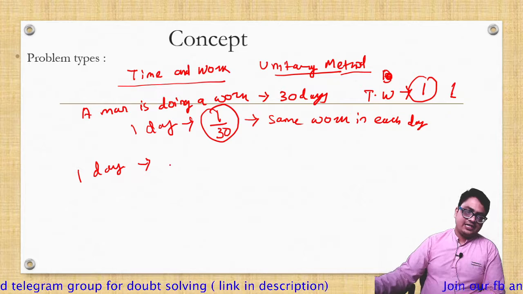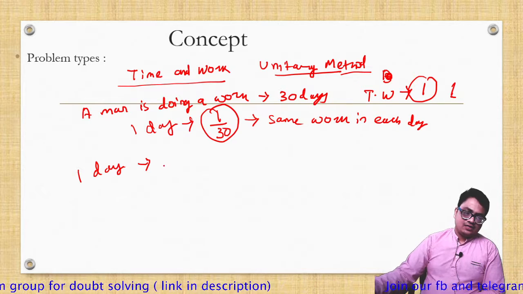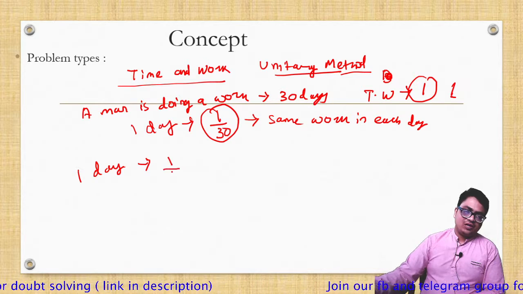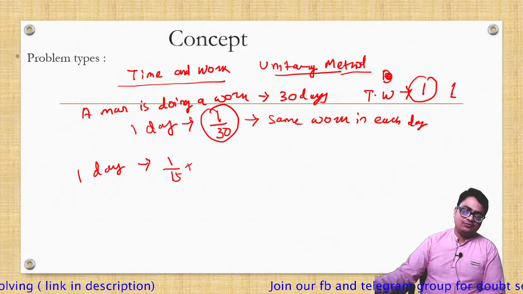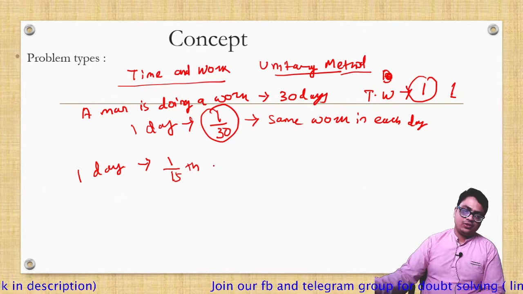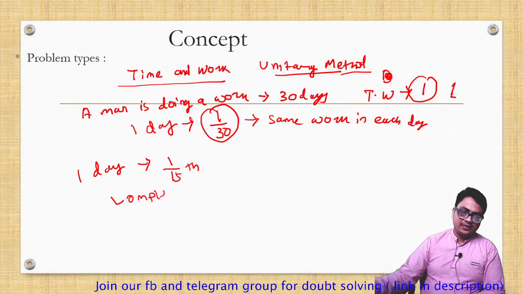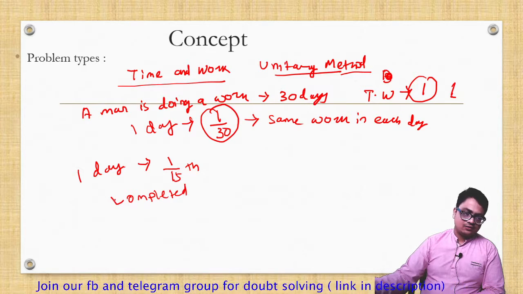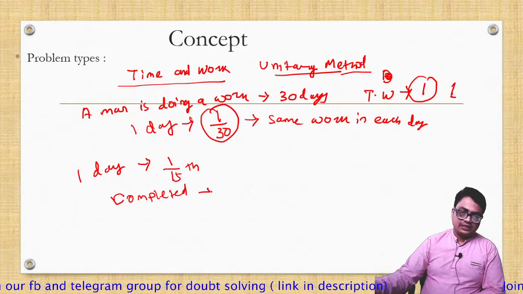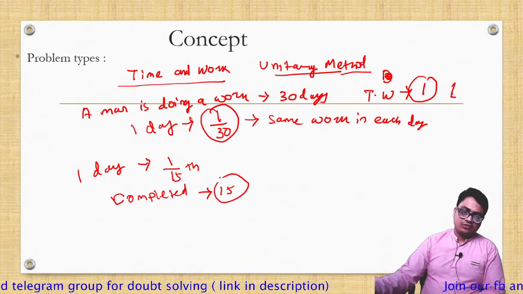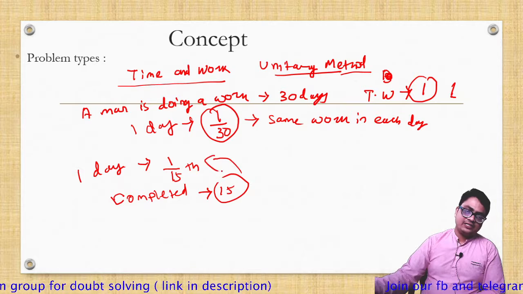Let us say in 1 day a man is doing 1 by 15th of the work. Then the work will be completed in 15 days. You just need to take the reciprocal.